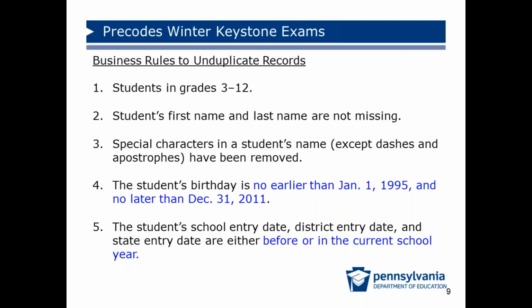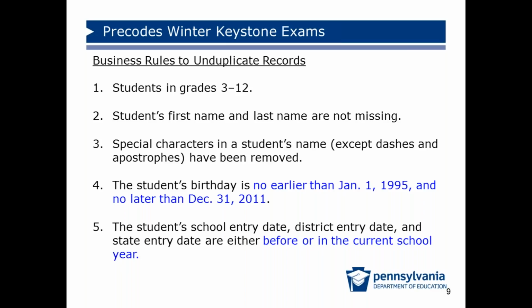We found that there were some data discrepancies in 2015-16 where LEAs submitted data in these 3 fields dated for future dates. So, for example, in 2015-16, school entry dates were coded in 2017 and 18 and so on.